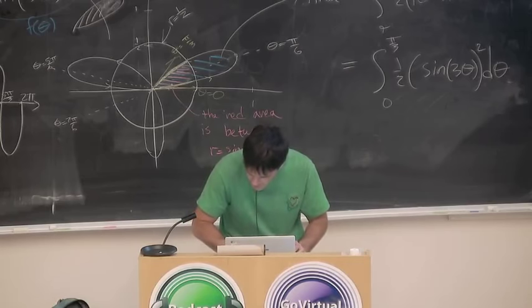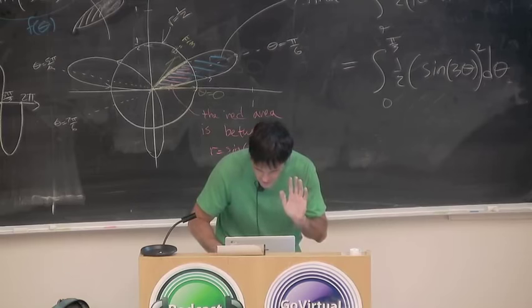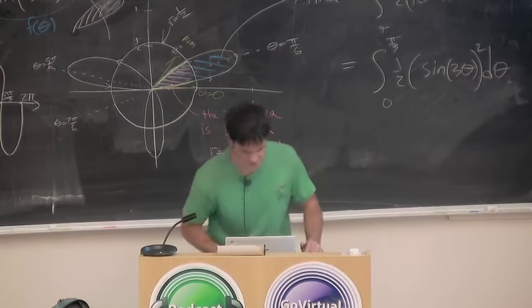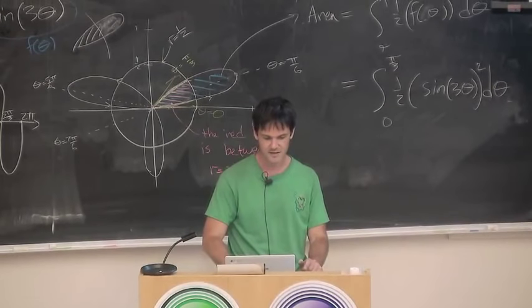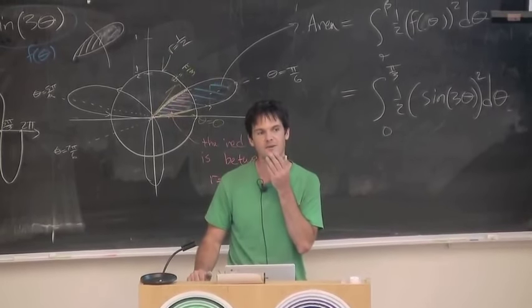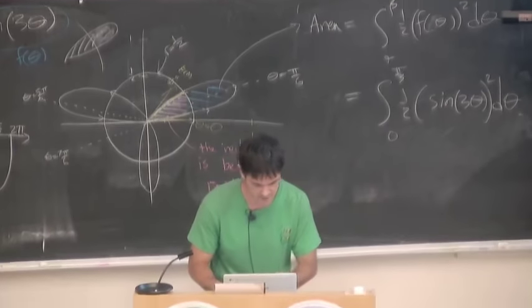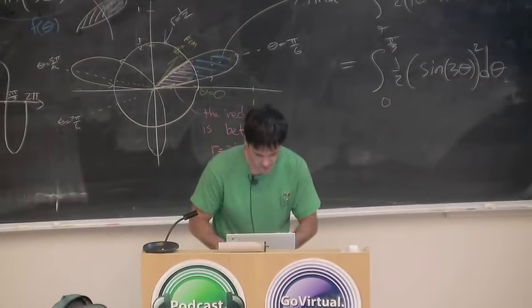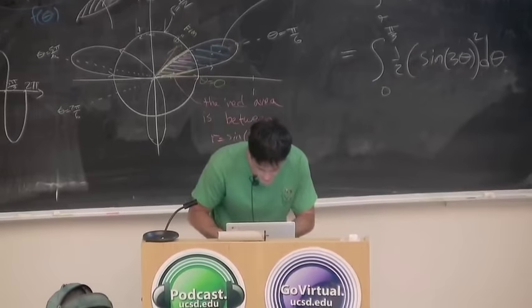Let's see what other kind of cool shapes I can get. How about 1 minus, oh, that's kind of weird. Okay, what's another cool one? Okay, what if I did R equals, how about 1 plus cos theta.